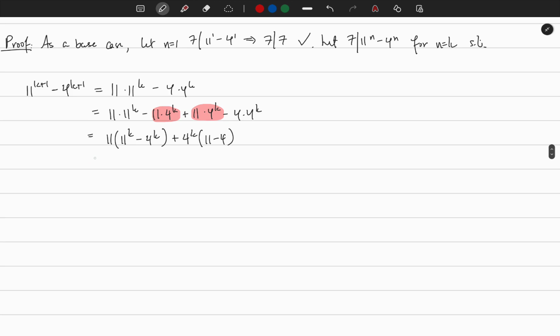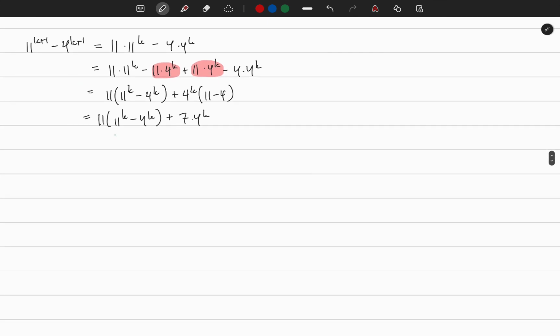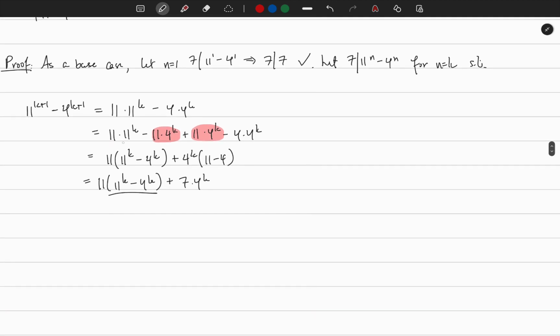If we simplify further, the first two terms stay the same, and the second term simplifies to just 7 times 4 to the k. Now notice, the first term is 11 times 11 to the k minus 4 to the k, and that's our assumption right here. So this is divisible by 7.